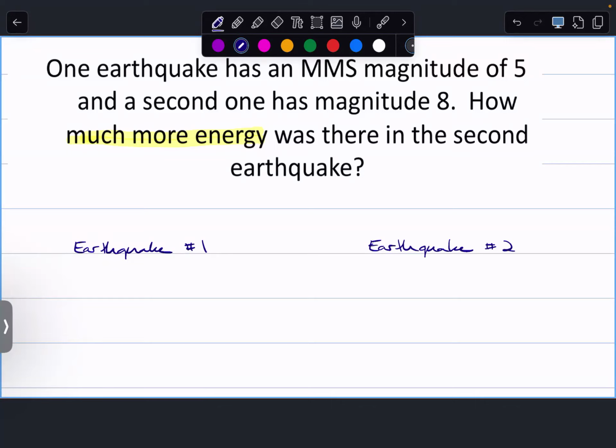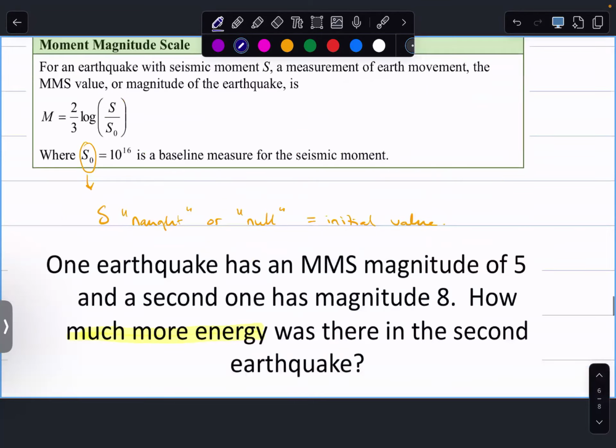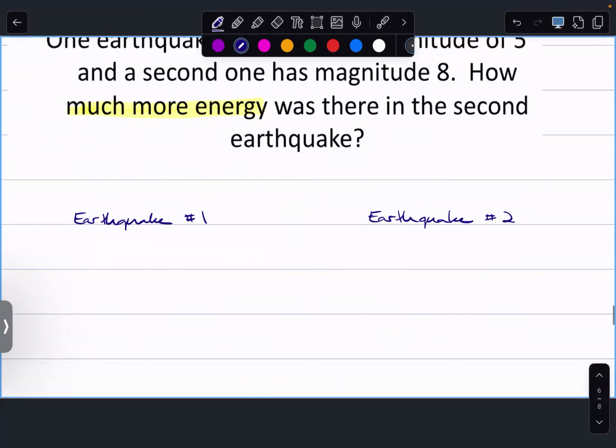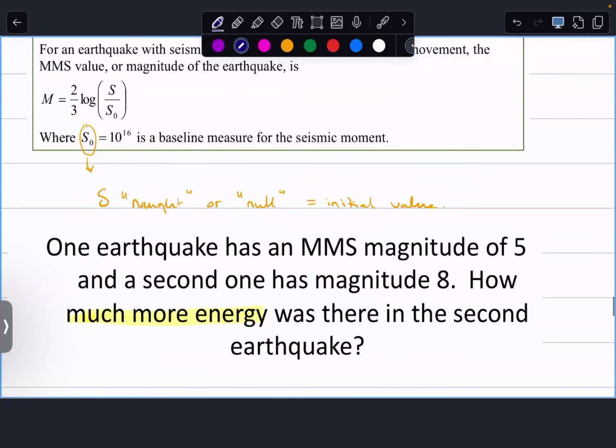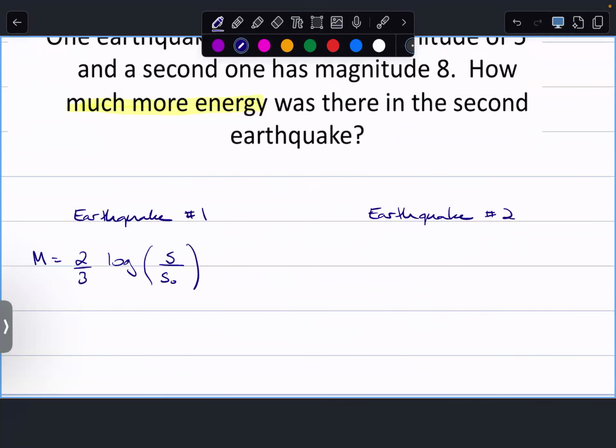Gonna pick apart the information that we have, and then we'll take a step back and see what we might need. So we're told that M is 2/3 times the log of S over S naught. S naught is always 10 to the power of 16, right?